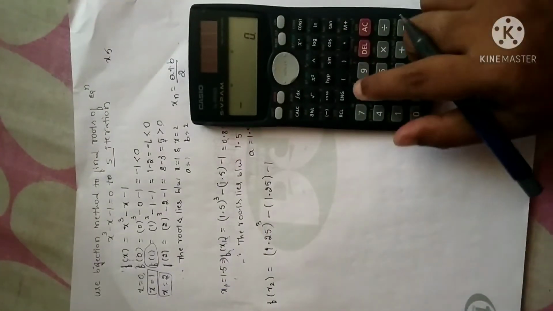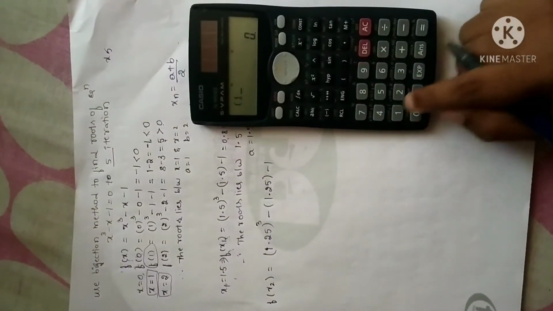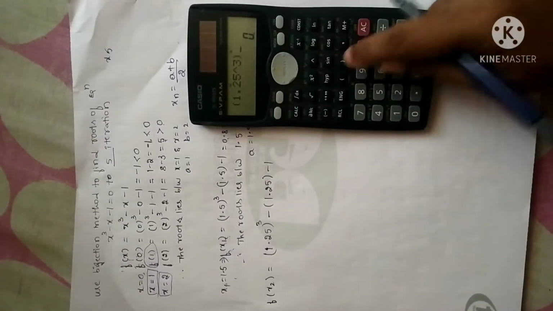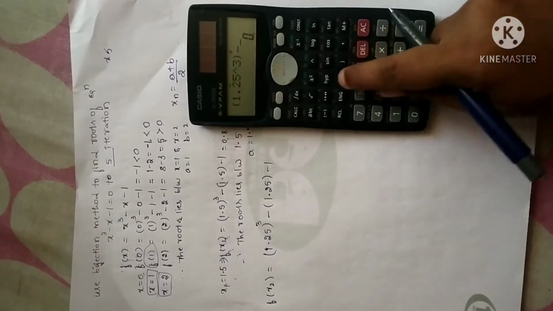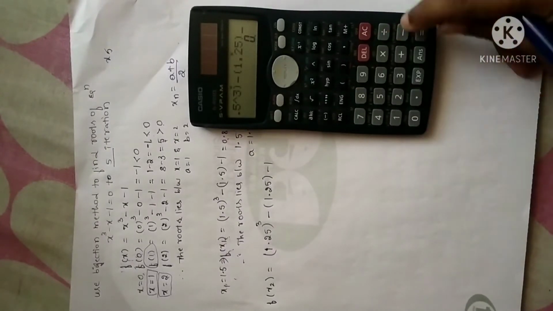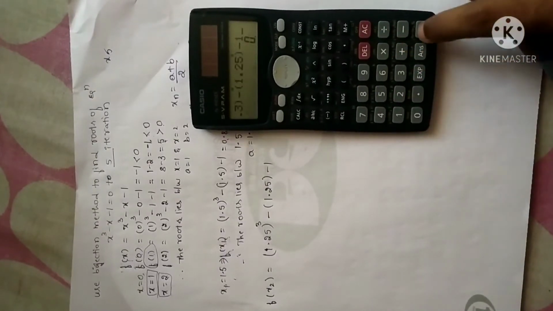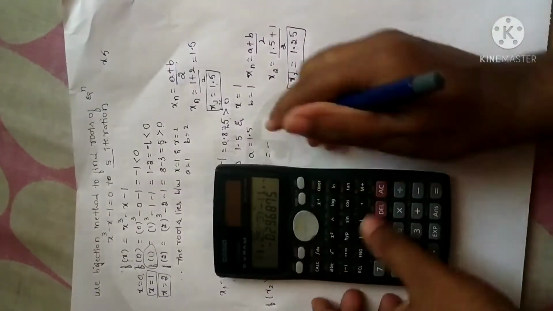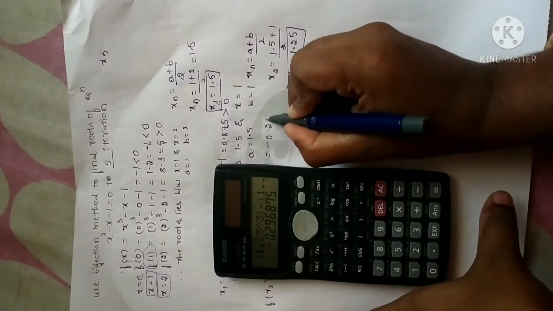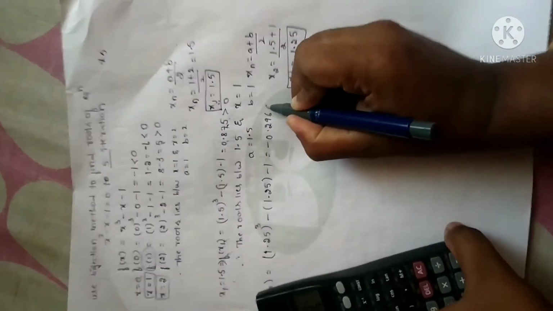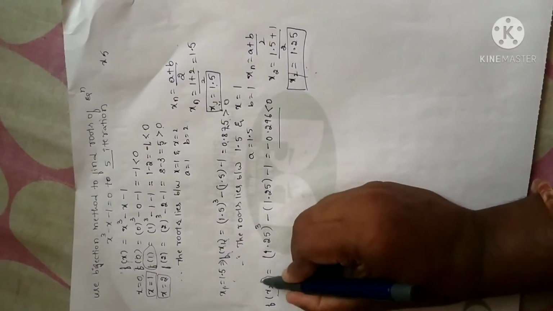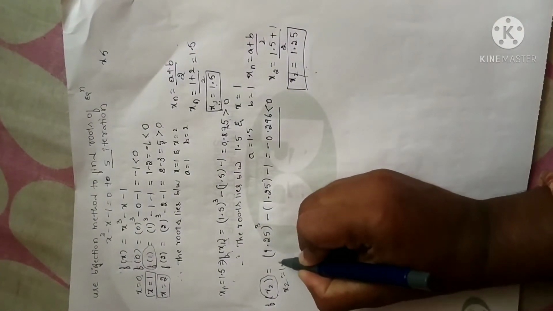See here, use the bracket, 1.25 cap cube, close the bracket, minus 1.25 minus 1. Answer is minus 0.296. Whatever may be the value, it is less than 0. That is a negative value, when the value of x2 is 1.25.